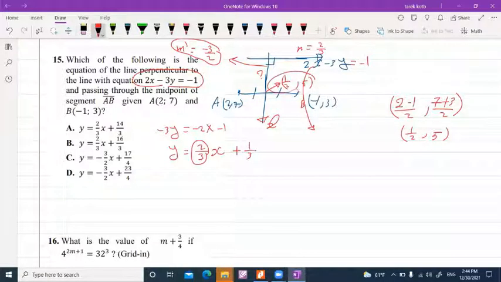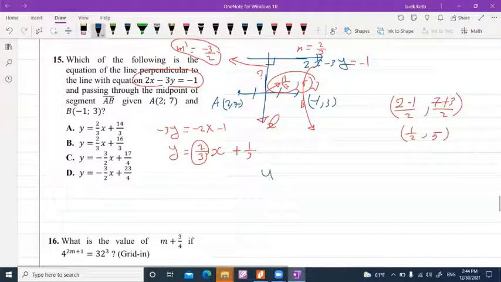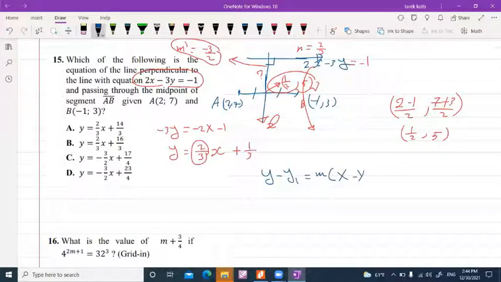Since you know the slope and you know the point, you can get the equation of the line. You can use the form y minus y1 equals m times (x minus x1). This is the point slope form of the equation of a line.